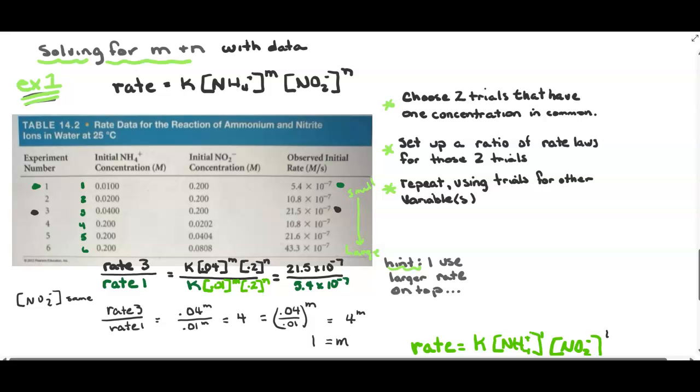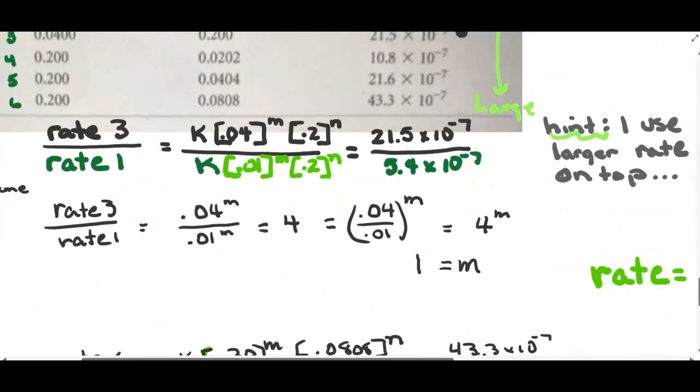So I have 0.04 to the m divided by 0.01 to the m is 4. And I can rearrange that and say 0.04 divided by 0.01, to the m power, is equal to 4 to the m power. And that lets me solve as that exponent is going to be 1.